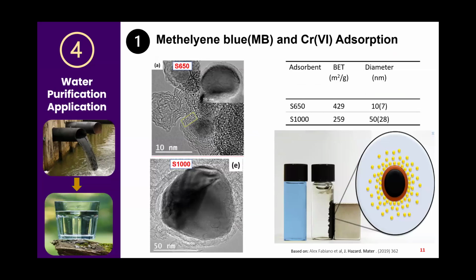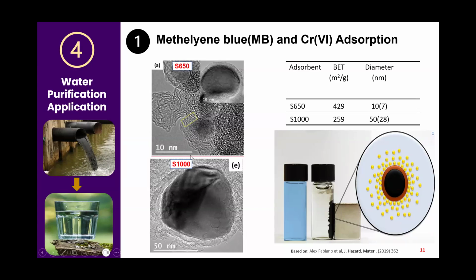So we selected two different samples: one of lower carbonization temperature with smaller nanoparticles, and one of higher carbonization temperature with, as we see here, a higher diameter. Also, we tried changing the contaminant. We selected methylene blue, an organic aromatic dye, and also a heavy metal, chromium 6.